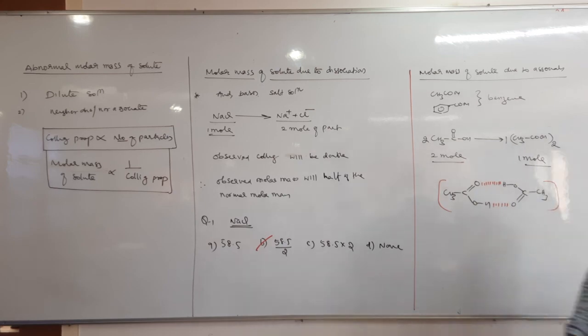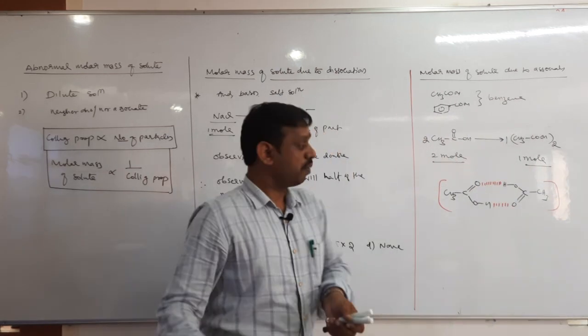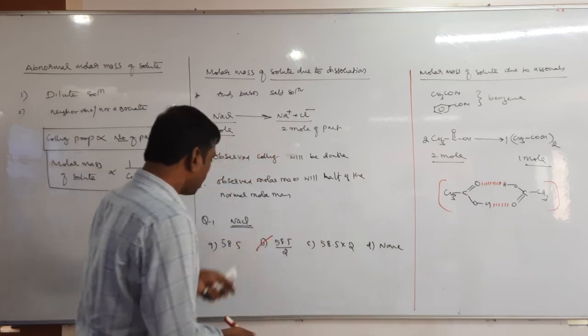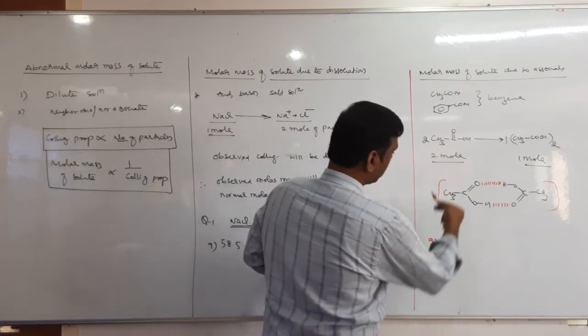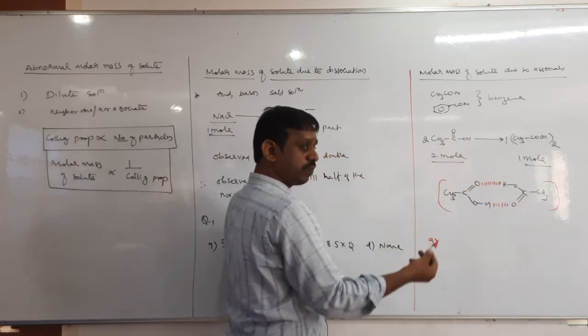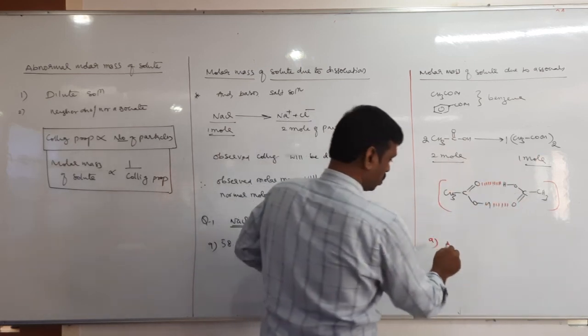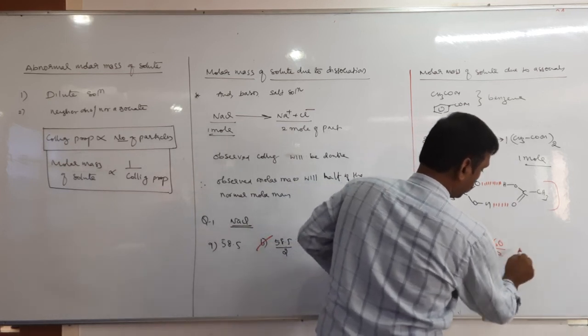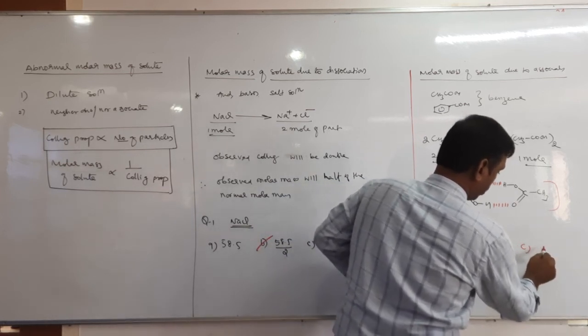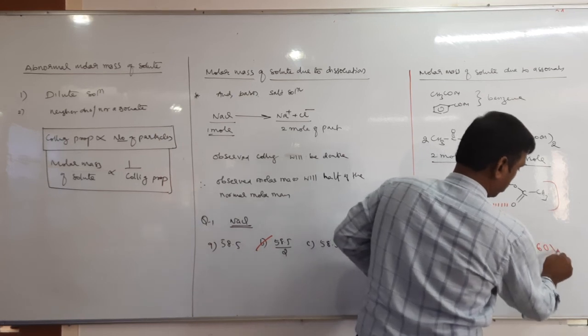For example, the question is like this: the molar mass of acetic acid calculated by osmotic pressure or any colligative property is: A, 60; B, 60 by 2; C, 60 into 2; or none.